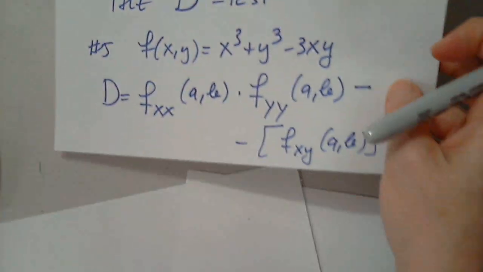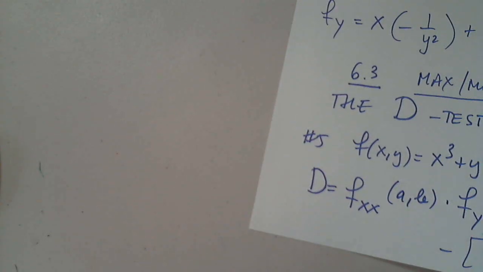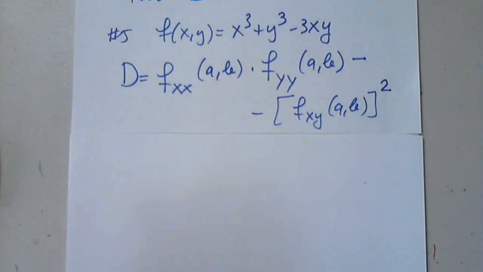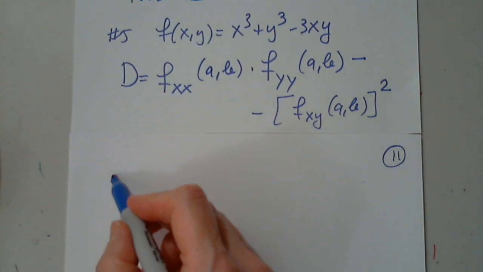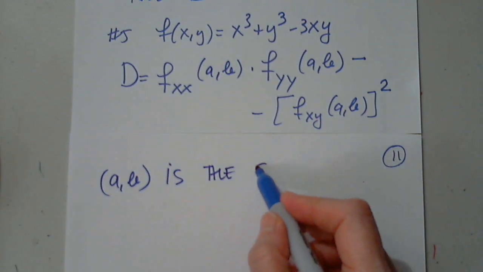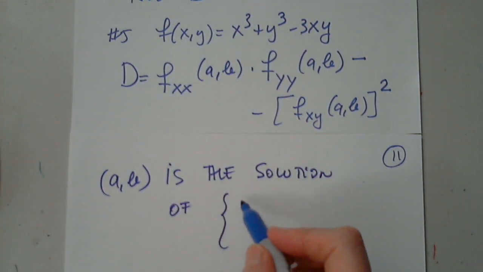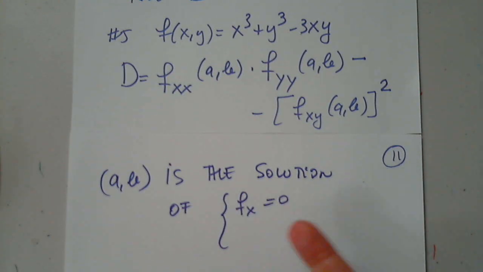It's a point, of course, and the point is determined exactly like we did for functions of one variable. So the a comma b is the solution of the system fx equals 0, the critical numbers, and fy equals 0.